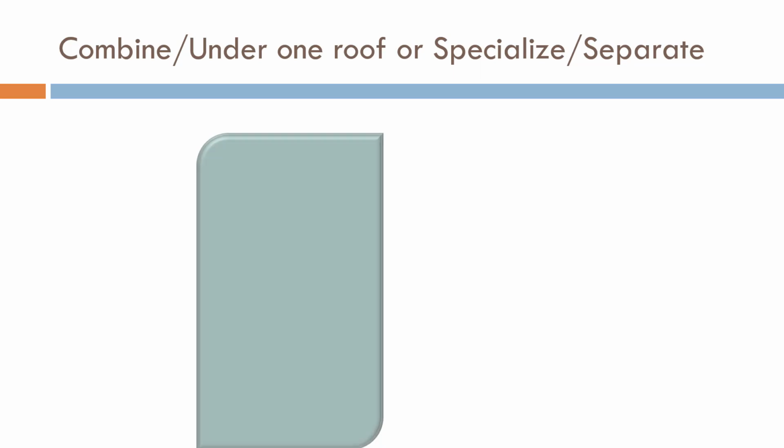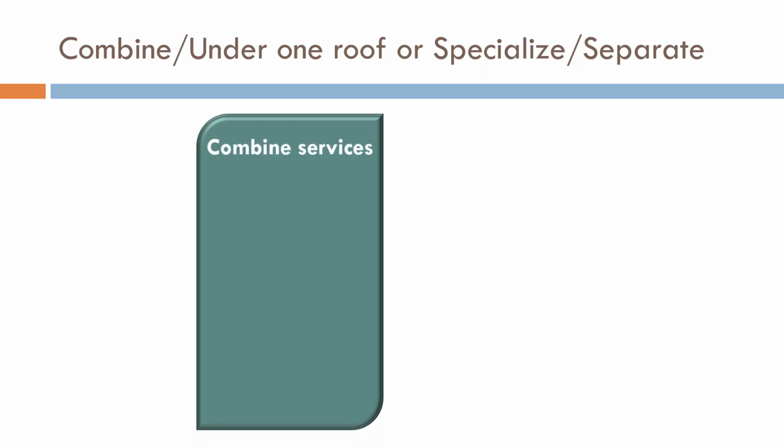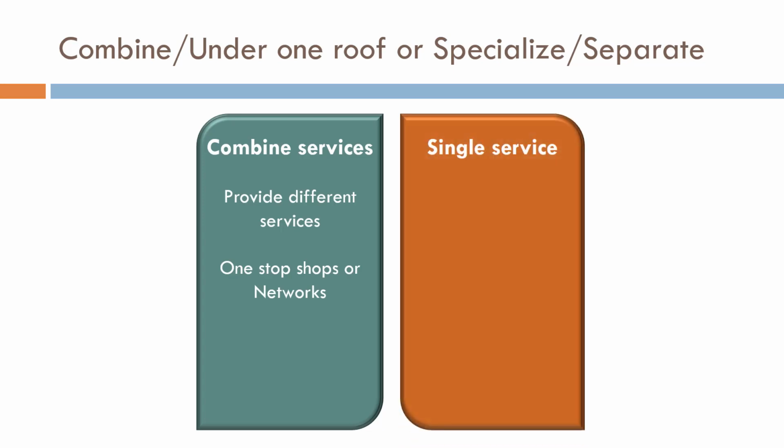Combining services, as it suggests, involves providing different services, and this can be in one-stop shops, under the same roof, or in a network of services. Alternatively, you can have a single service, where they provide only one service, which is also referred to as specializing or specialization.